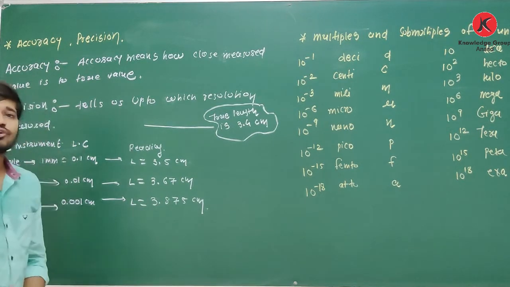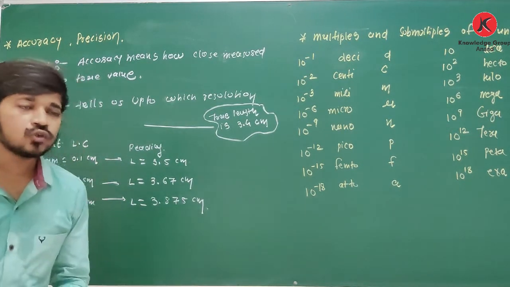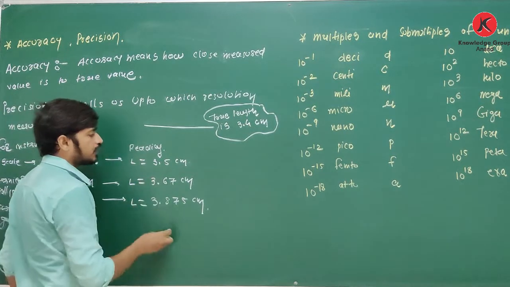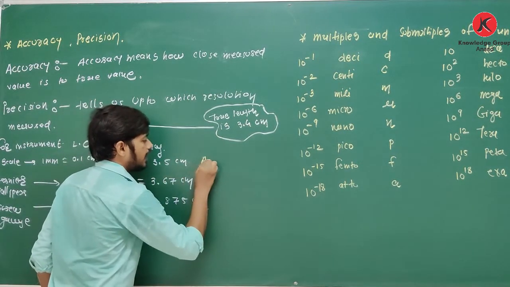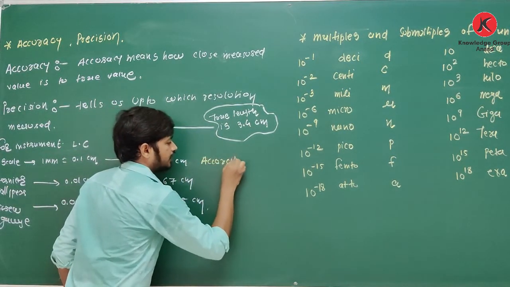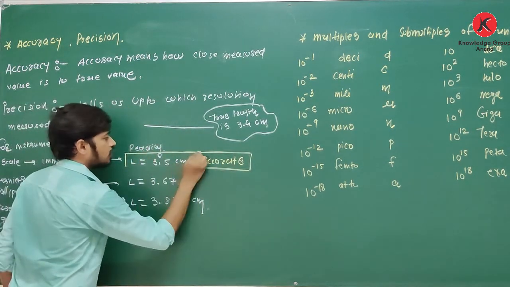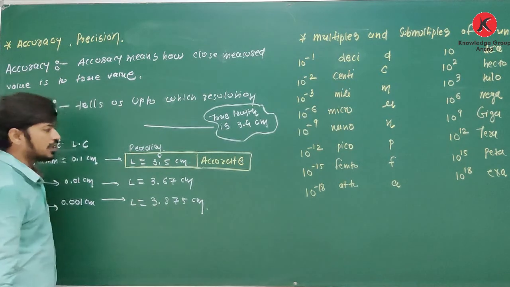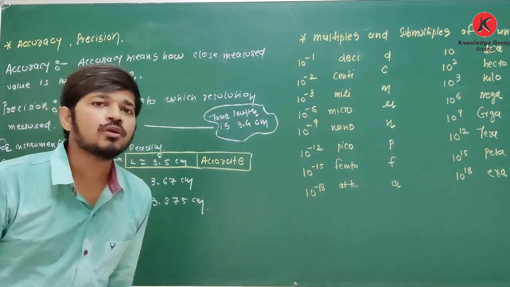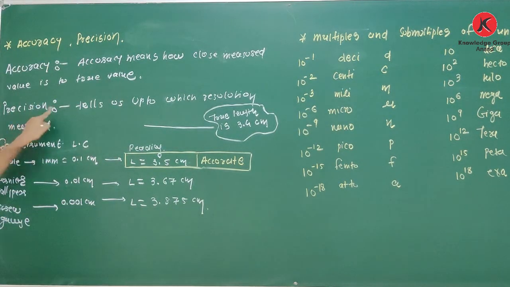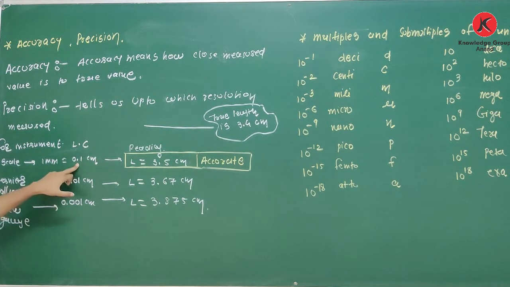Now which one is close to the true value? Obviously 3.5 centimeter. So it is called an accurate reading. Clear about this? Okay. Now which one is more precise? So see, precision tells us up to which resolution it is measured. The least count of the scale is 0.1 centimeter.